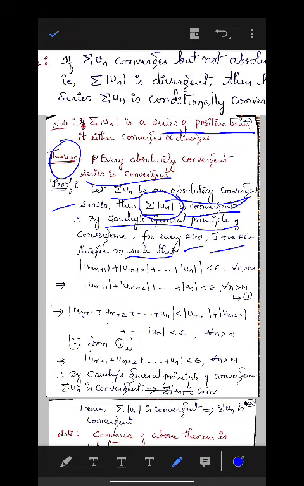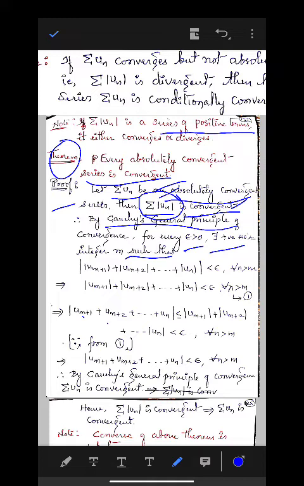So if I apply Cauchy's general principle to this, what will we get?